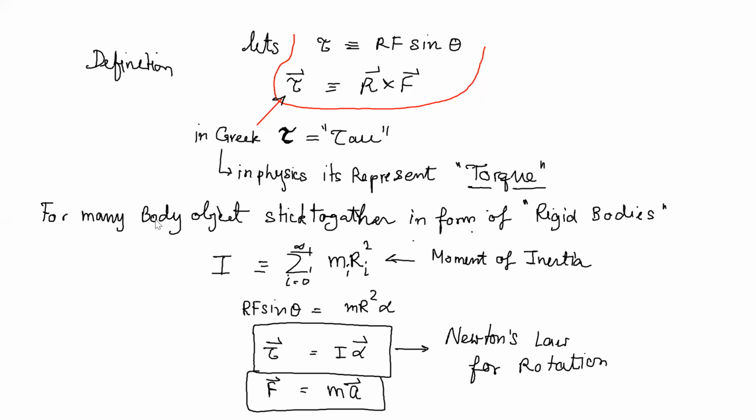But suppose you have 10 to the 23rd objects stuck together, we have what is called a rigid body. A rigid body is a body whose mass is held together, and it remains its shape when you apply force on it.